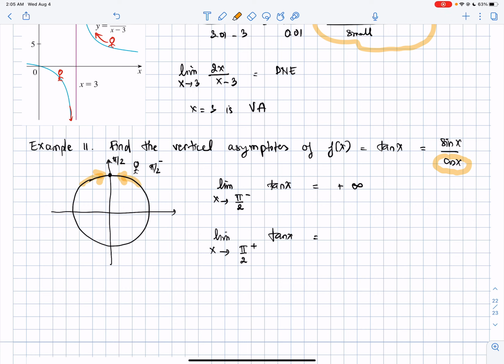And we have pi over 2 plus. Because we're in quadrant number 2, the sine is on the vertical axis.